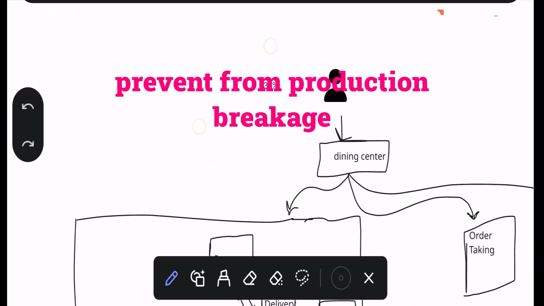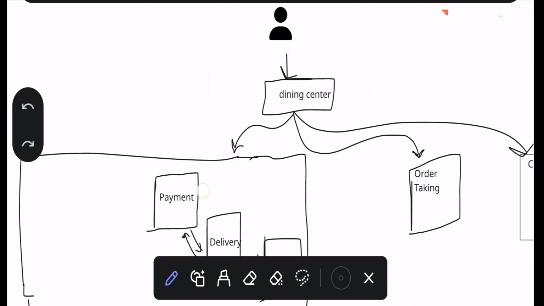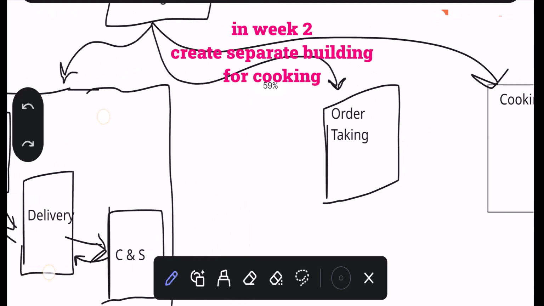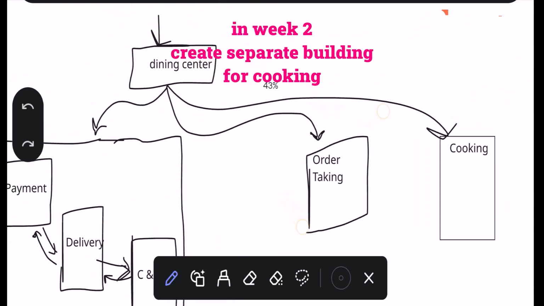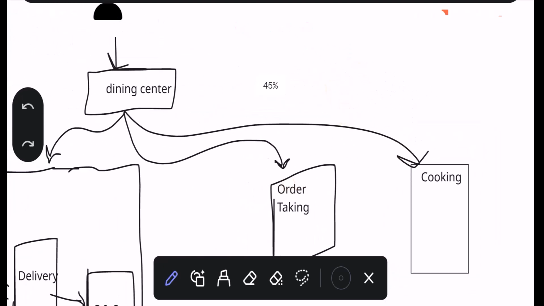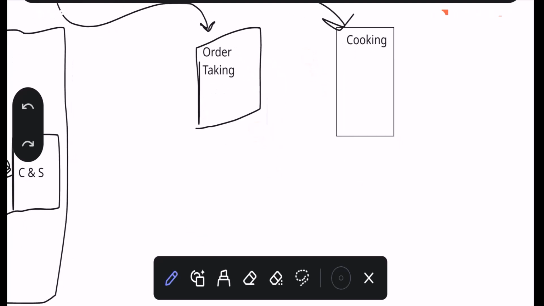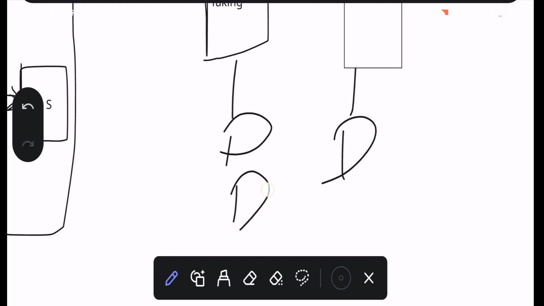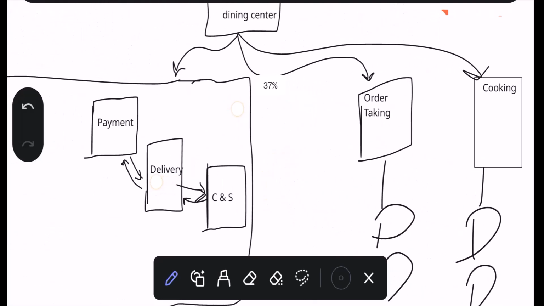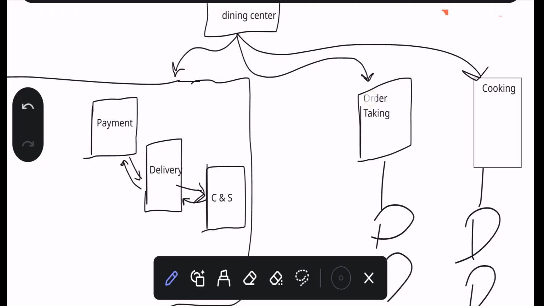Similarly, in week two, in that same restaurant we take another room, like cooking, and make it a separate service, so that these two services can be developed, deployed, and scaled independently of the other rooms or buildings.